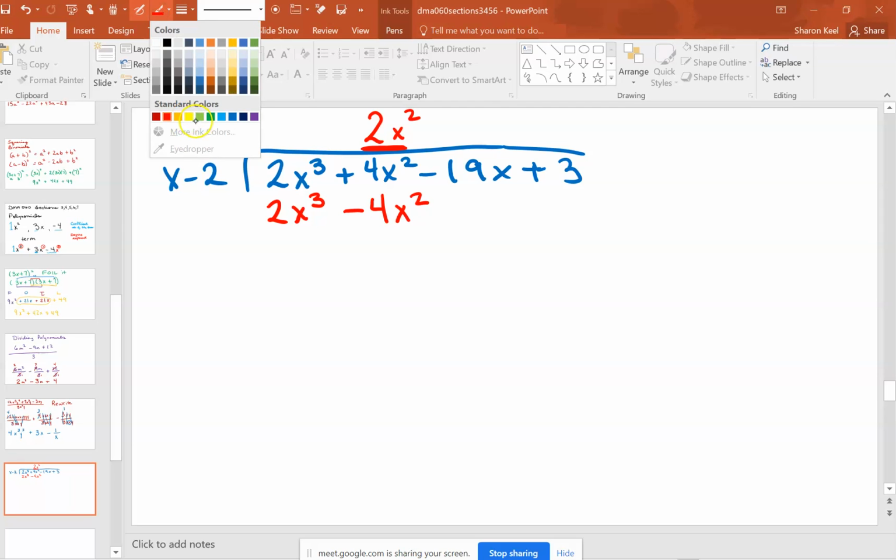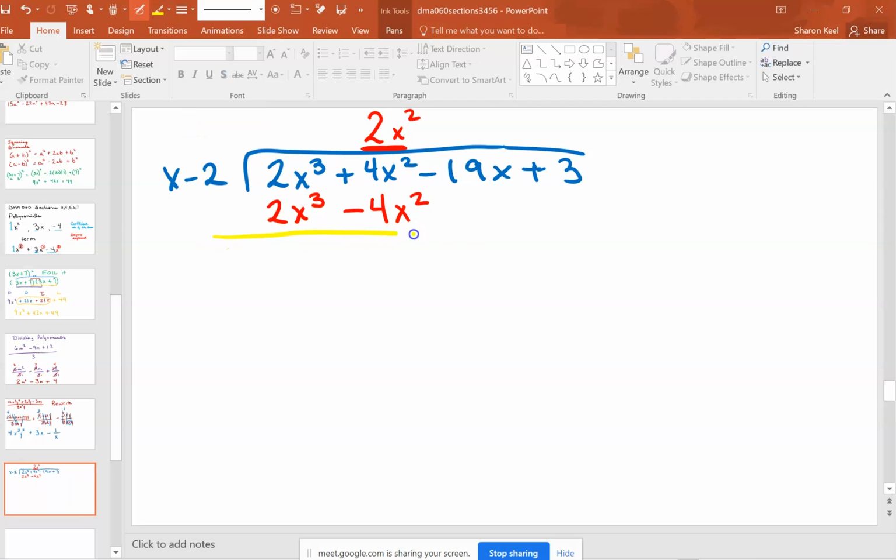Now, pay attention here. When we draw our line, we are going to change our sign, because remember, what you're doing here is you are going to subtract. So if I subtract a positive, it becomes a minus.